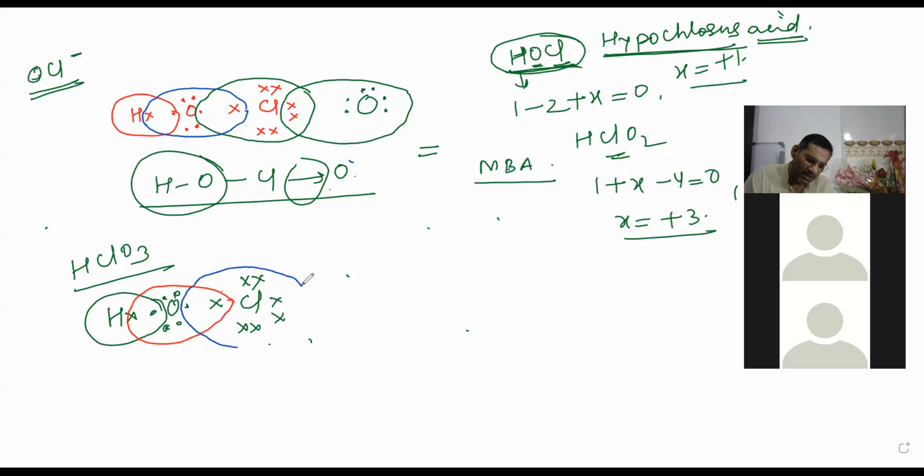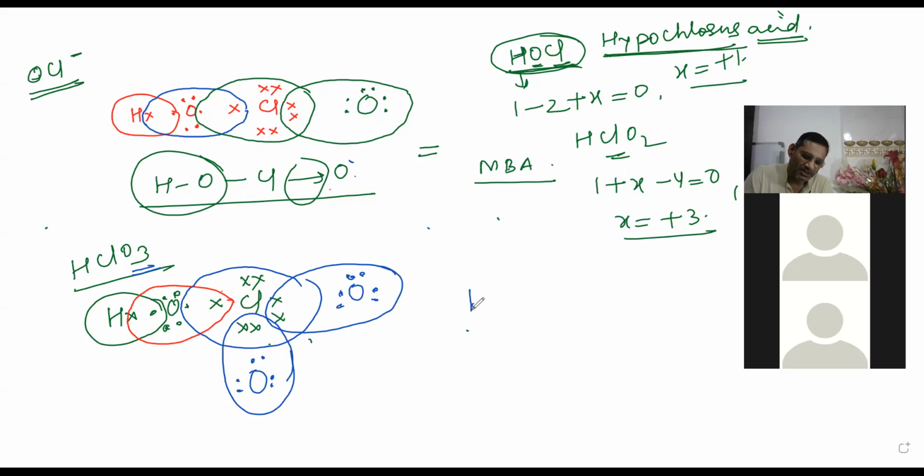Cl will be having a completely filled octet, but still two more oxygen atoms are there. One oxygen will be placed here and will form a coordinate bond with this. Another oxygen will be placed here and will again be forming a coordinate bond with this. So HOCl, coordinate bond, one lone pair. Here two lone pairs were there.